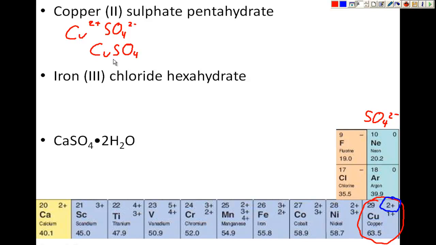But since they're the same, we can kind of have a common denominator, so it's going to be CuSO4. Okay, because when you think about it, this is going to be a 2 plus charge, 2 minus charge. It is completely balanced. And so it says now pentahydrate. Penta means 5. Hydrate just means water. So we're going to go 5H2O. And that's our answer.